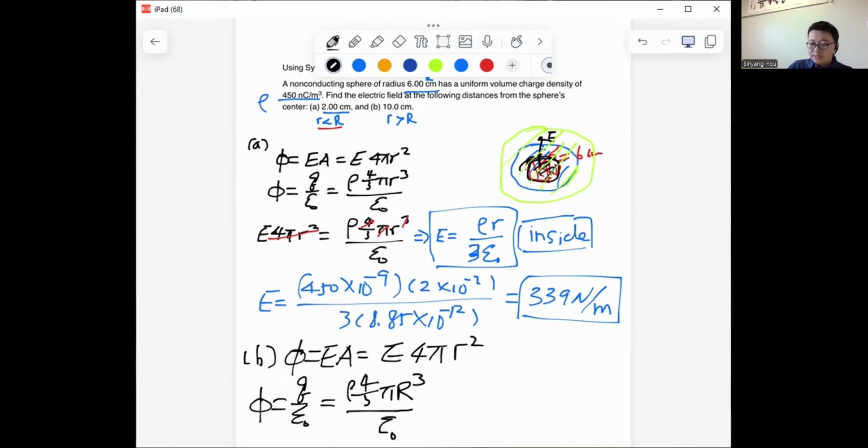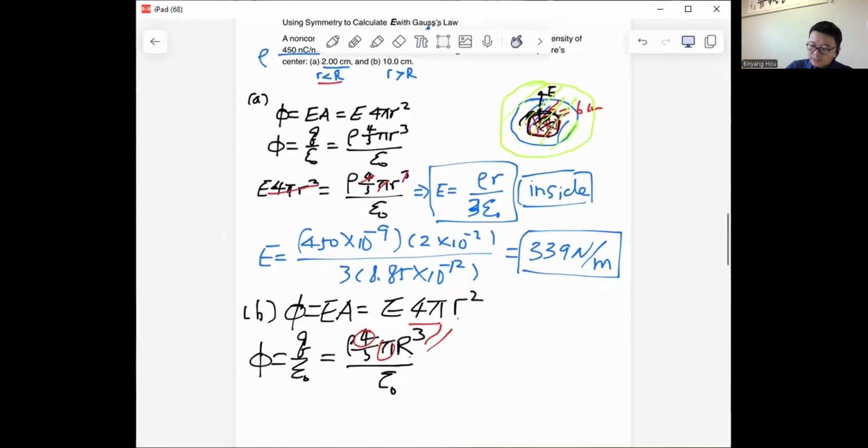So you set these two equal to each other, and the 4 and pi cancel, but the r squared and capital R cubed cannot cancel because they are different r's.